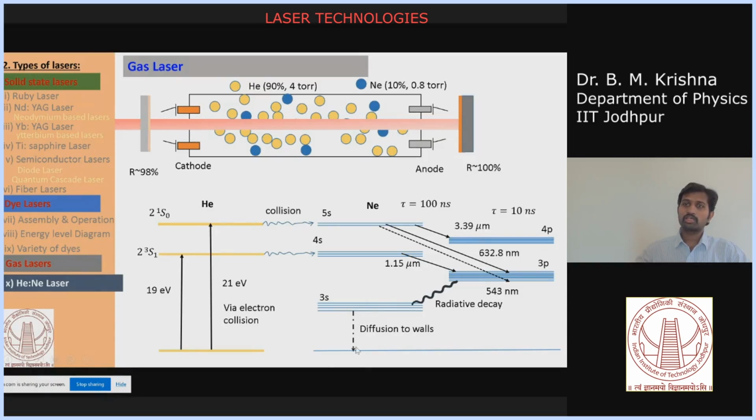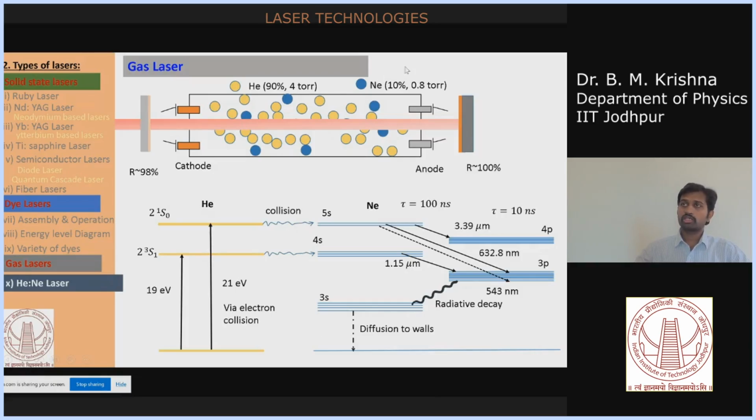It gives the energy as heat, or moves heat to the other atoms. So you lose the energy of the electron as heat or phonons. That is what happens if you excite the neon atoms.